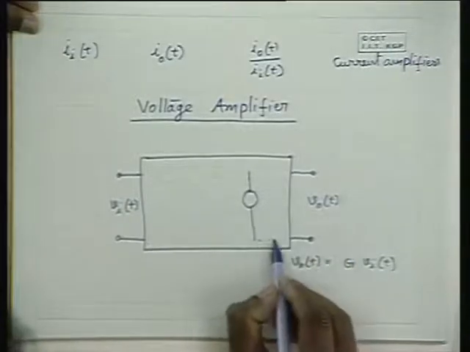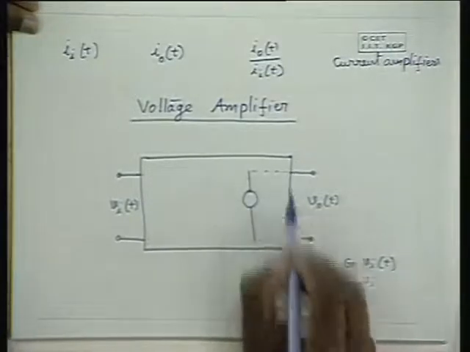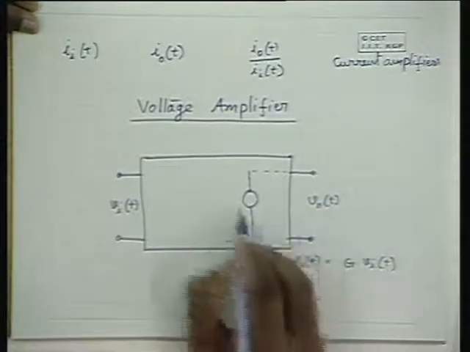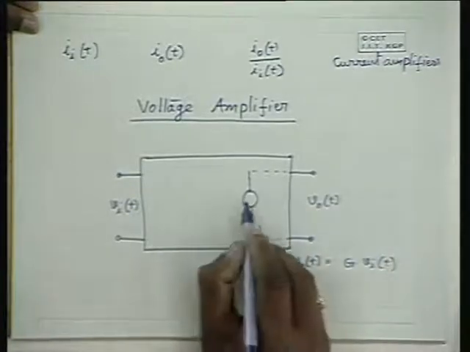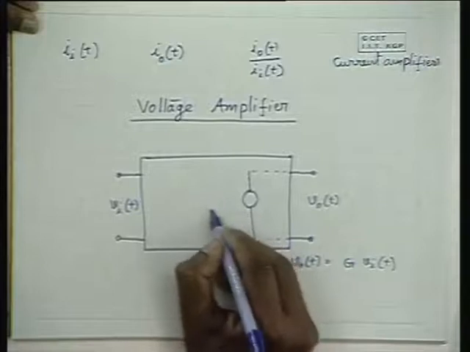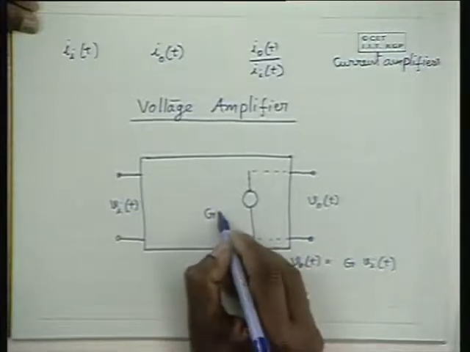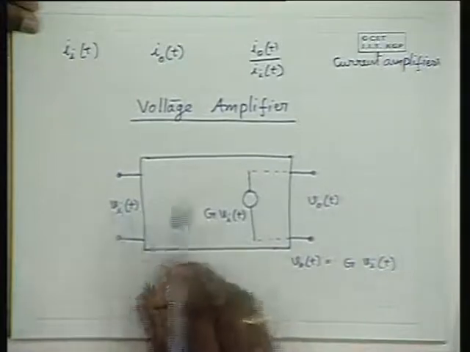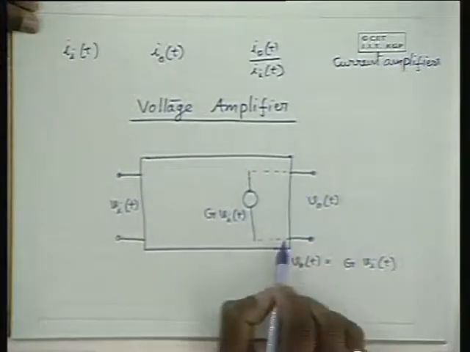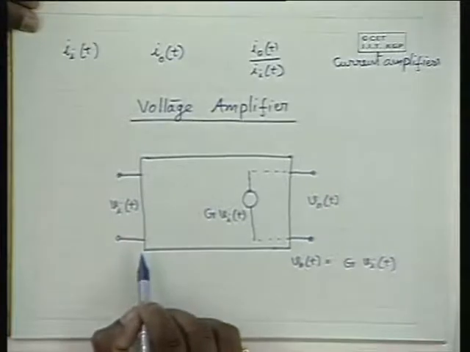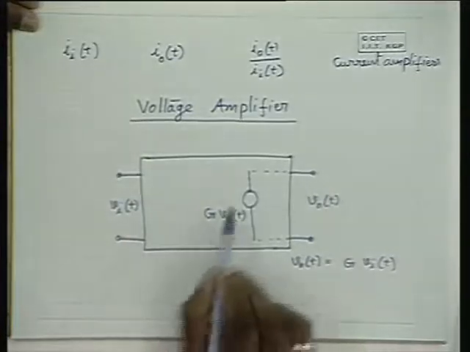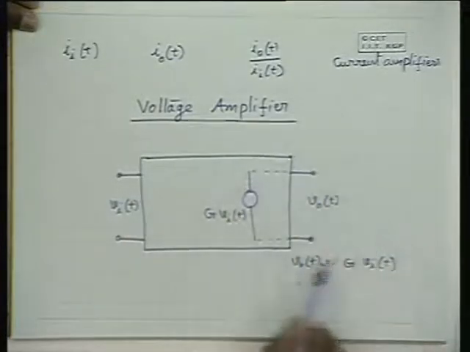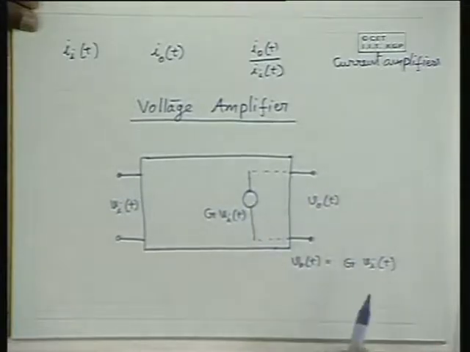At the output, you can model it as a voltage source with the voltage source amplitude as G times VIT. It is a voltage dependent voltage source. The output voltage depends on the input voltage. Hence, as far as output is concerned, this amplifier can be modeled in this form. Ideally, it can be modeled in this form.